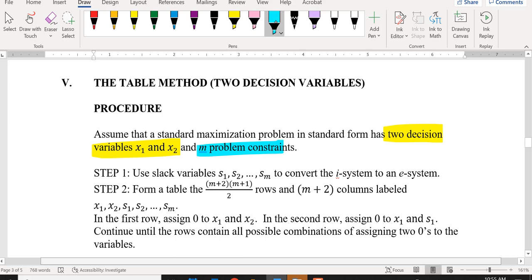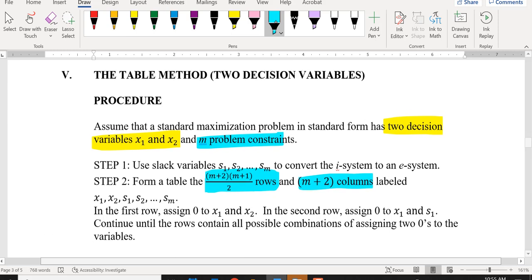Okay, we're going to convert. Step 2, form a table. All right, here's the trick. This many rows and this many columns. Rows go across, columns go up and down.